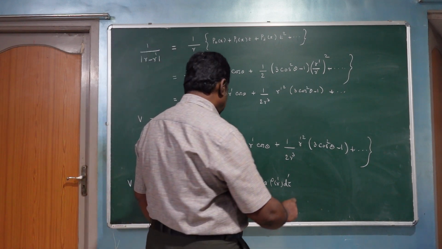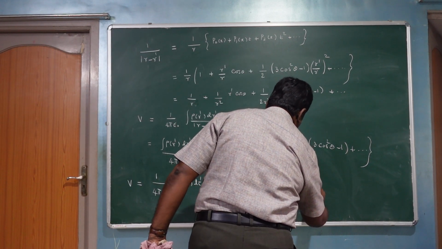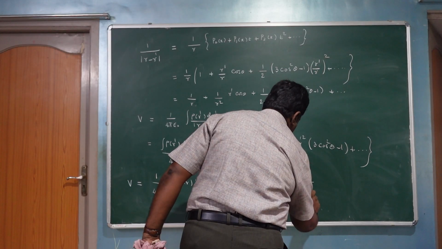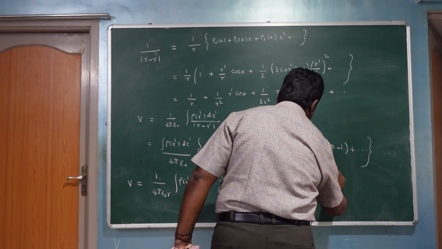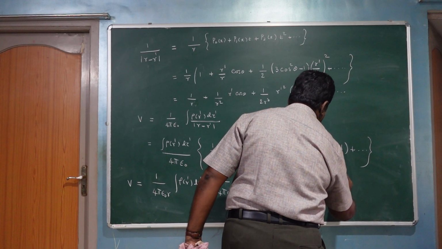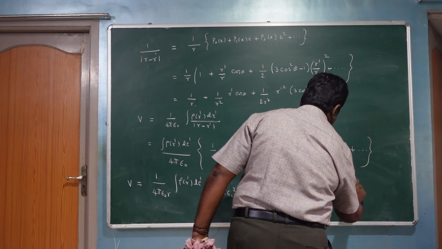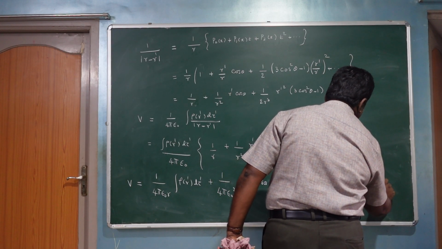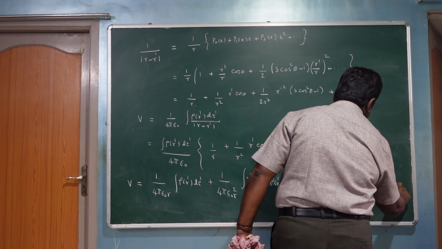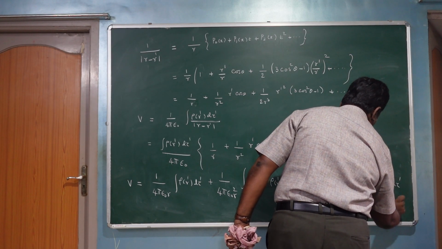And the third term is 1 divided by 4 pi epsilon naught r cube, 1 by 2 integral r dash square (3 cos square theta minus 1) rho of r dash d tau dash, and the series is continued.